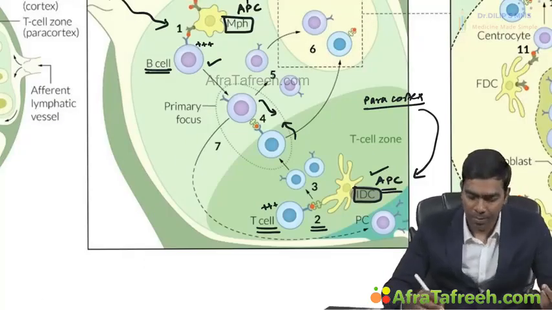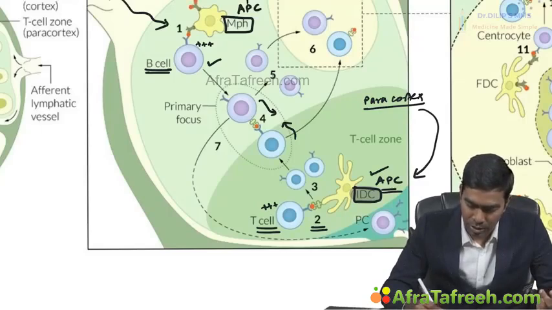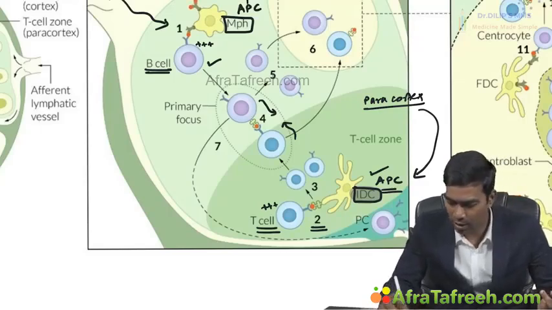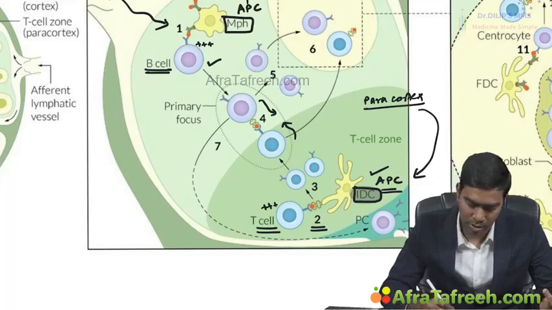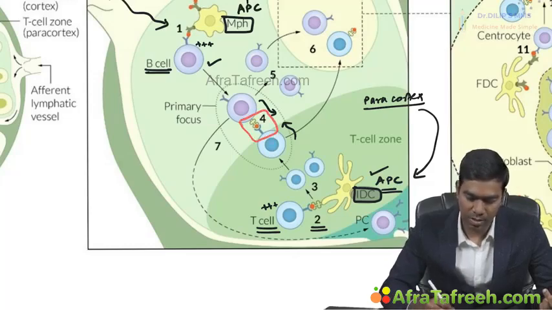But remember, usually at the junction, I can draw here, usually at the junction, what happens is the T cell which is activated by the same antigen and the B cell which is going to activate the same antigen are going to interact. So, for example, if two friends are getting beaten by the same fellow, they shake hands, isn't it?